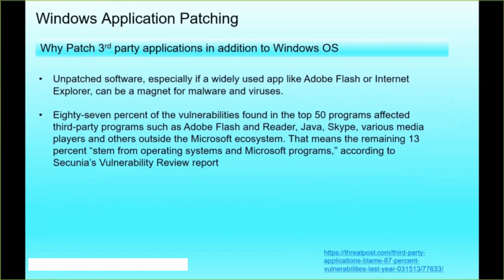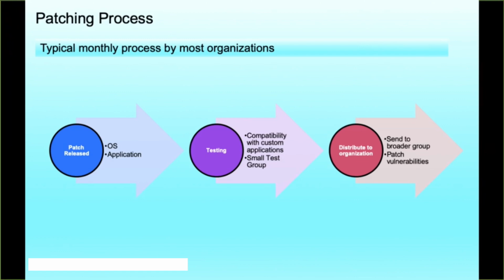And most organizations that I work with patch on a monthly basis. And for Windows, it centers around Patch Tuesday. So they will have a process where the Patch Tuesday patches are released, and then they will go through a testing process, or a vetting process, if you will, where those patches and any third-party patches that came out that month will be distributed to endpoints within the organization, to what they call a test group.